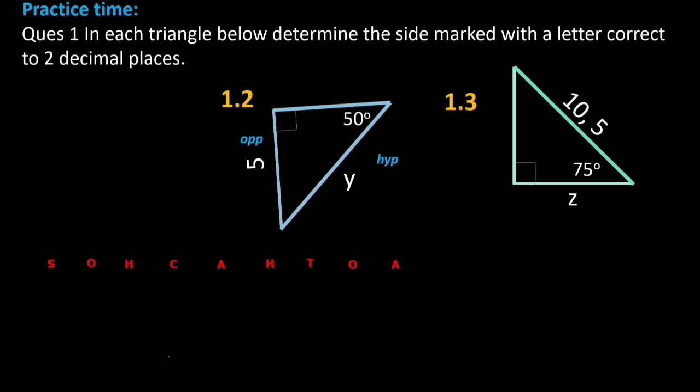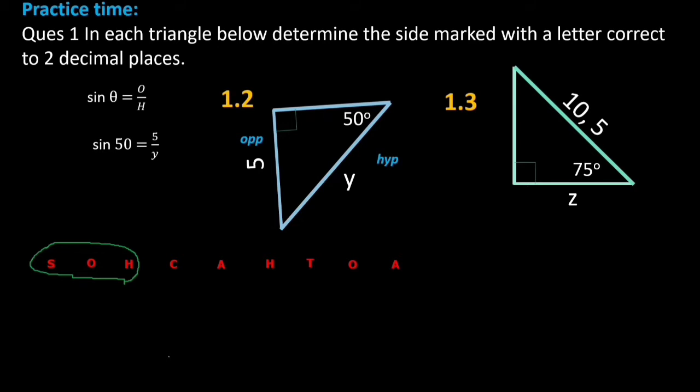That will be your first opening statement because we are using the sine function. So the sine of 50 degrees is going to be opposite over the hypotenuse, which is going to be 5 divided by y.